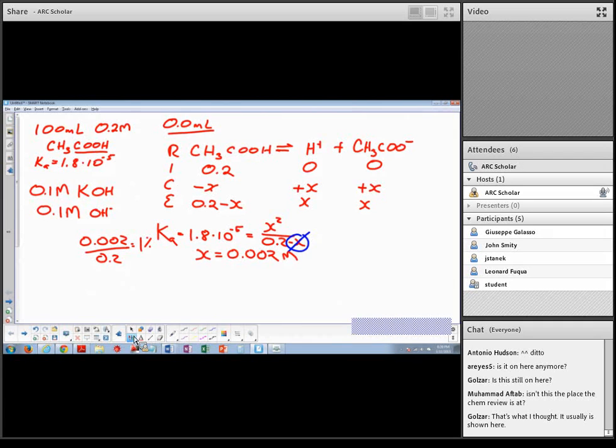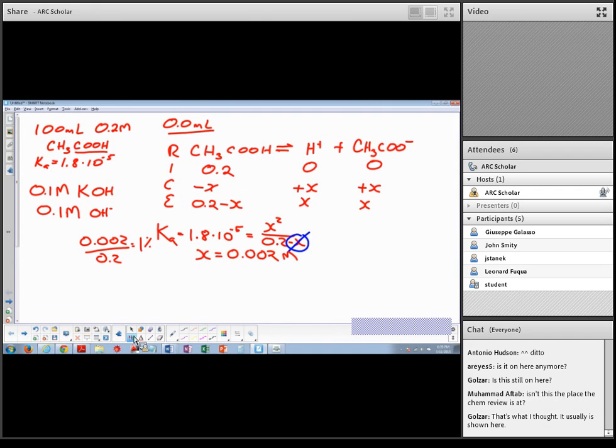If it's something like 6% or 10%, then that assumption's not valid. You have to plug it back in and solve for x using the quadratic formula. So if you have a program on your calculator that can solve it, you don't have to worry about whether to leave it out or not. You just always have it in there.